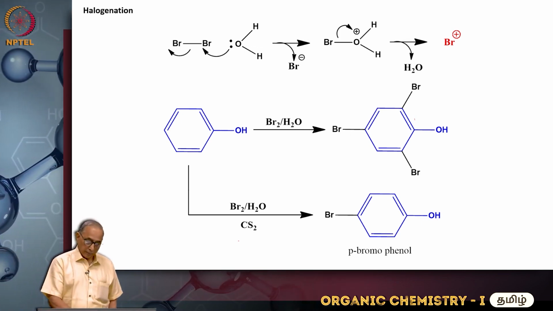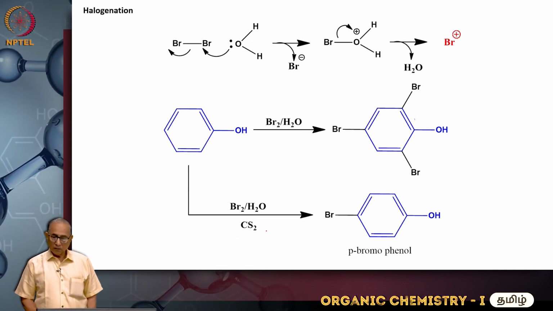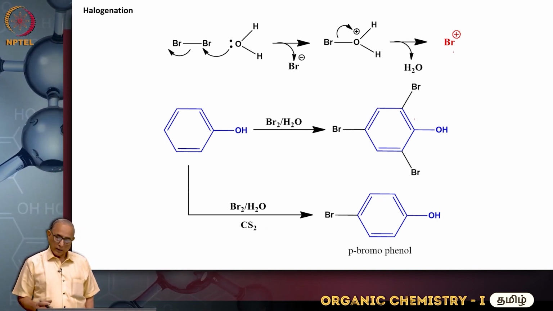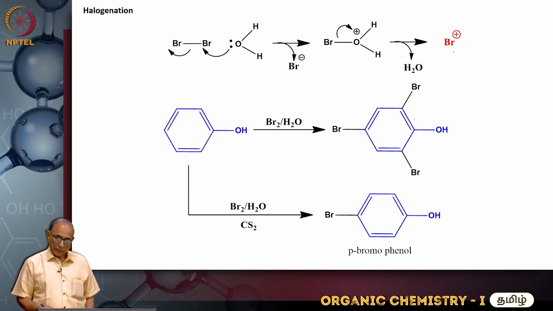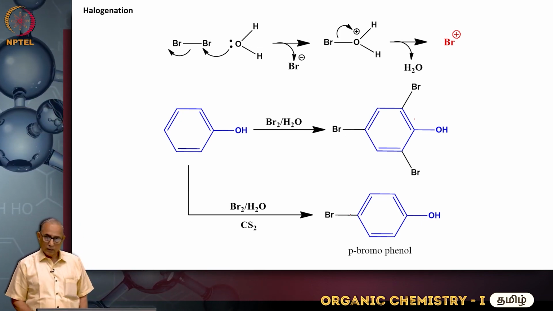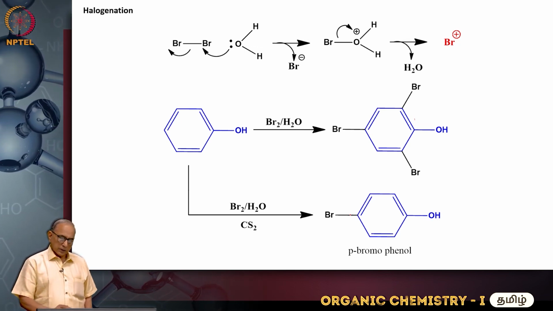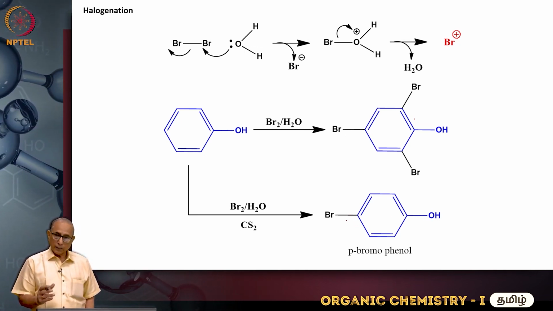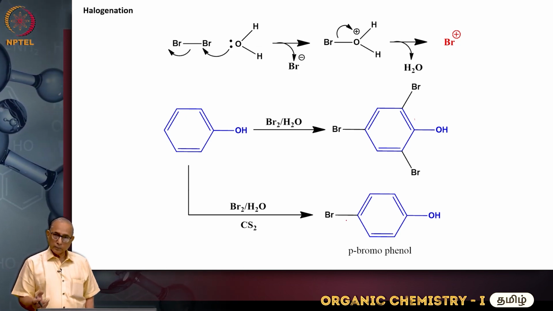When you add the solvent CS2, the bromine plus effect becomes very low. So only one position, only the para position, is attacked. The para position is more favored because bromine is a big atom compared to fluorine and chlorine.